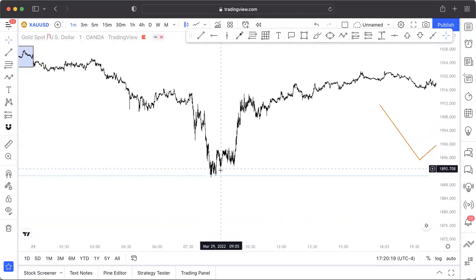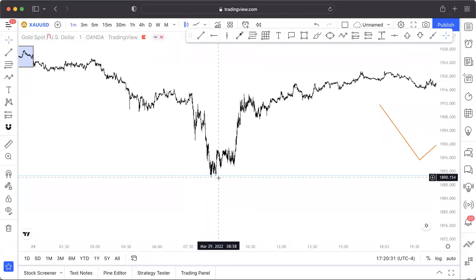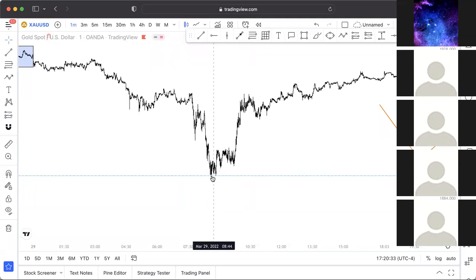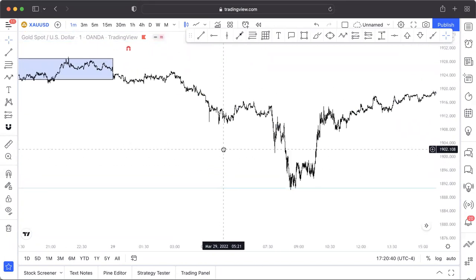So, especially if you had been looking at the daily at this level, it would be pretty easy to determine that this is where the trend will reverse after you see the reaction at this level, which I showed you on the higher time frame.